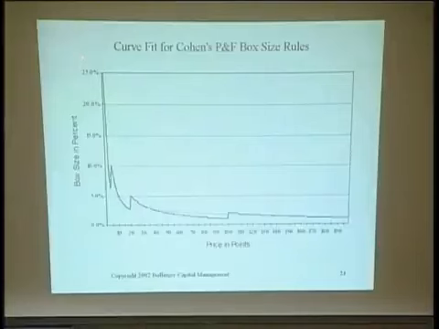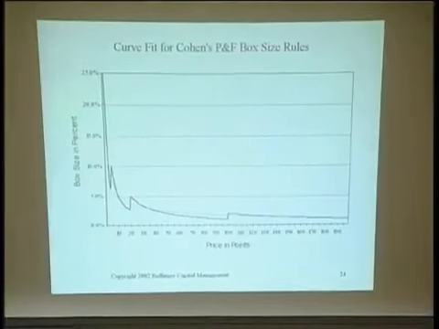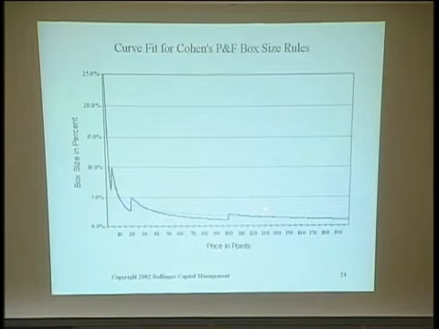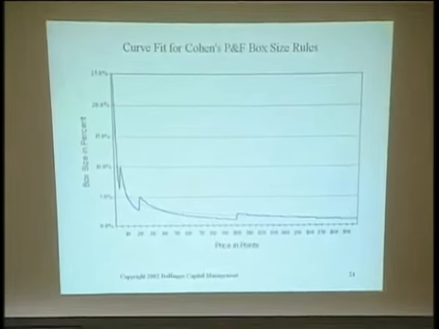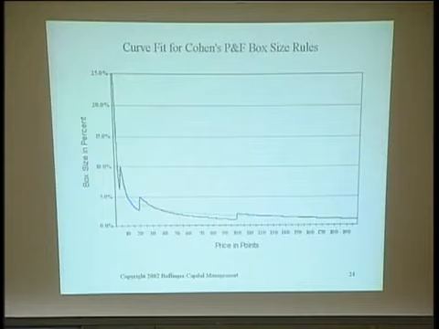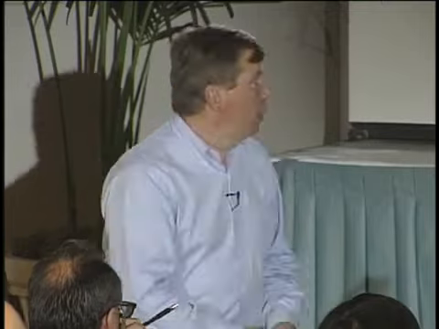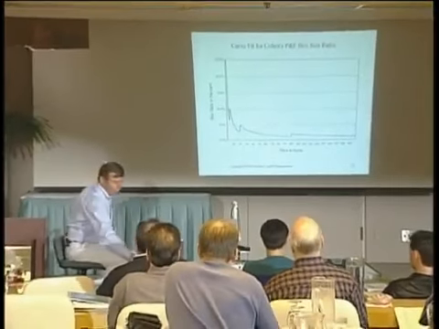So what I did is I curve fit, using a very simple mathematical curve fit, a power curve, these structures, and I derived the formula for the curve. I did it for 5 different point and figure box size schemes, for Wheelan's, for Chartcraft, for AIQ, and 2 more that I can't remember off the top of my head.